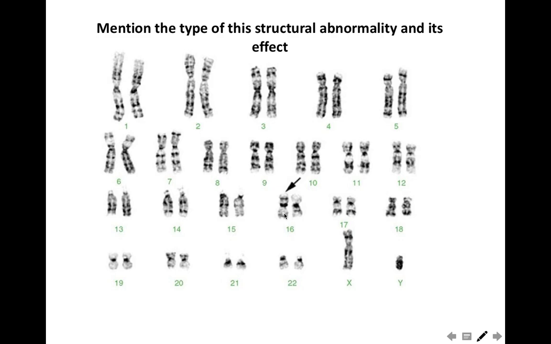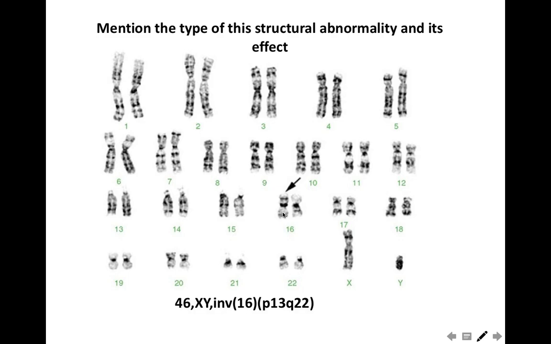So what has happened in chromosome 16, you think? The rest of the chromosomes are fine, and it's a male XY. So what happened here is just a reversal of the direction of the chromosome segment. So the Q arm moved up in the P arm, and the P arm went down in the Q arm.